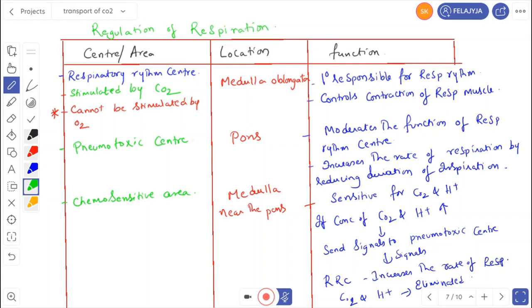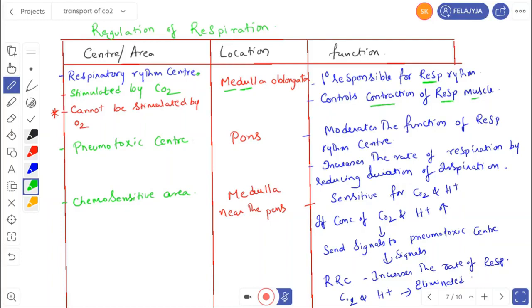So where is the respiratory rhythm center present? It is present in the medulla oblongata. Its primary function is maintaining the respiratory rhythm and controlling the contraction of respiratory muscles.